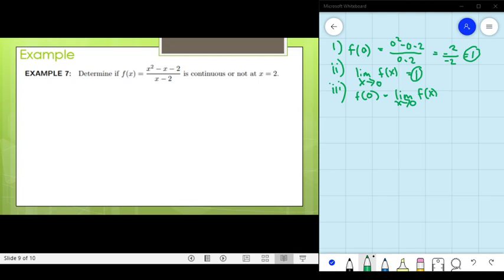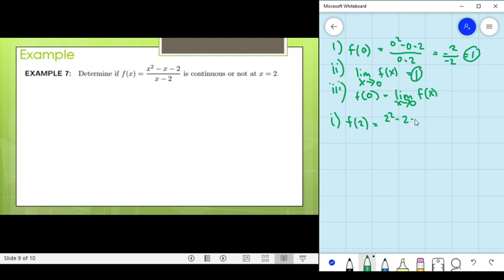So in this case, notice that when x is 2, f of 2 is equal to 2 squared minus 2 minus 2 all over 2 minus 2. The numerator is 0 and the denominator is also 0.